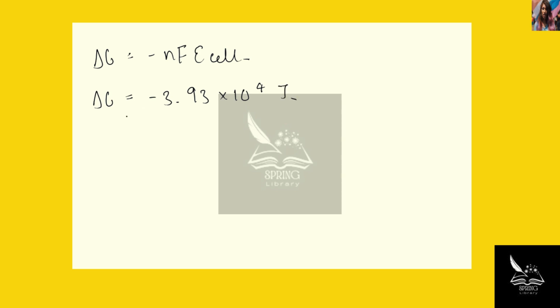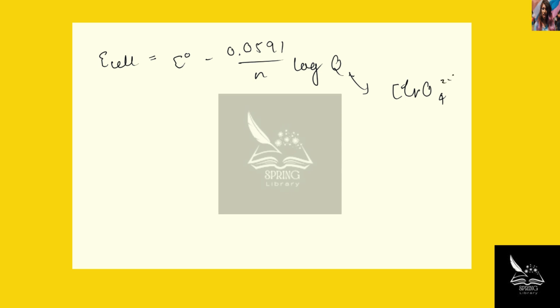Following this, we can take a look at the general formula of the Nernst equation, that is E cell is equal to E naught, subtract 0.0591 divided by N multiplied by log Q, where Q is CrO4 2 minus divided by Ag plus.